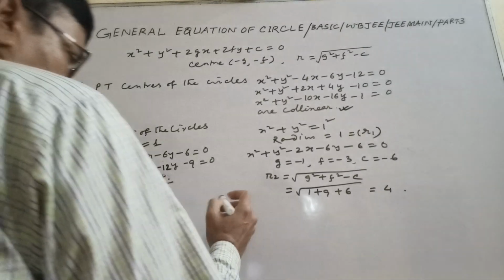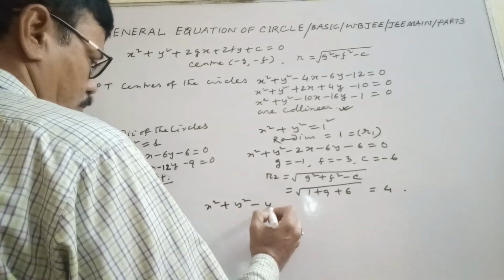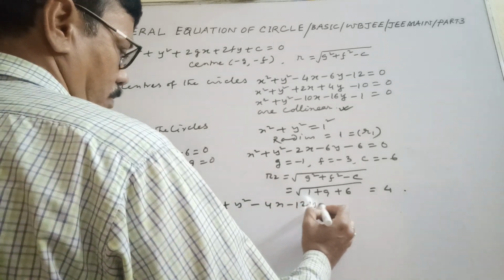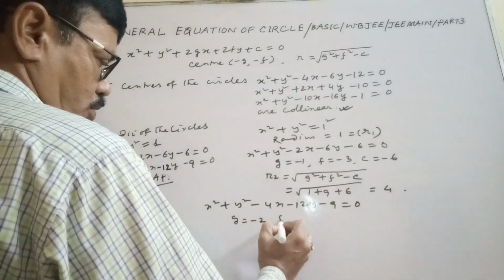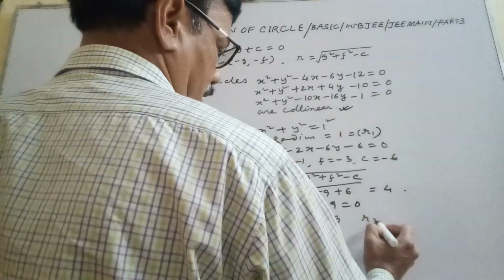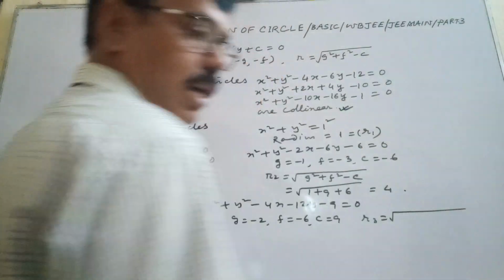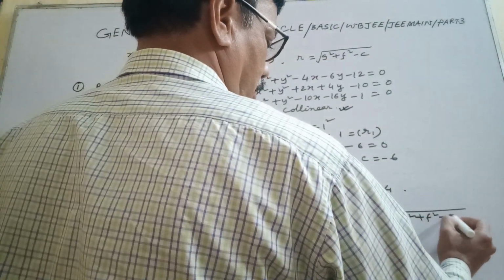Now third circle: x square plus y square minus 4x minus 12y minus 9 equals to 0. So g equals to minus 2, f equals to minus 6, c equals to minus 9. So what is R3? R3 is root of g square plus f square minus c.